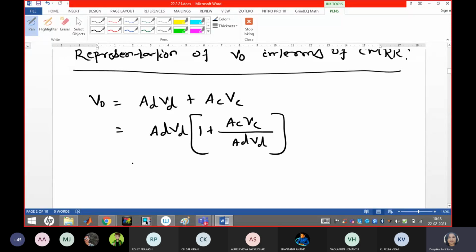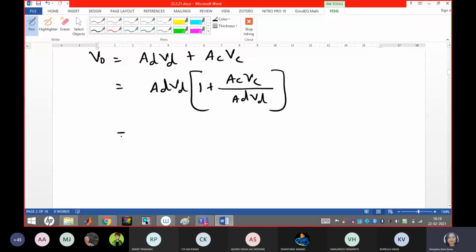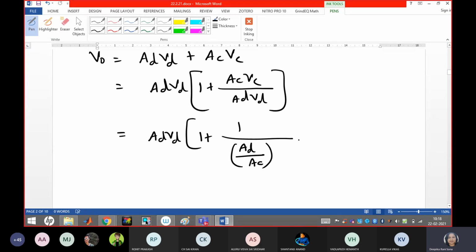Right, guys? So how do I make the equation in terms of CMRR? Any idea, guys? The same ADVD will be there, but 1 plus 1 divided by ACVC is there, no? So I have to make this to reverse form, AD by AC, right? Into VC by VD.